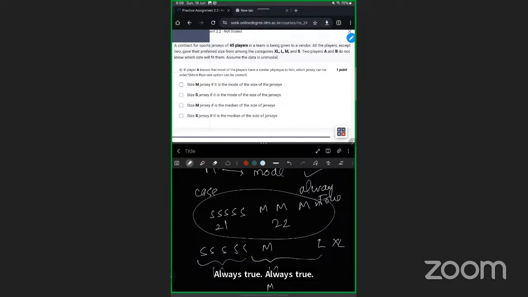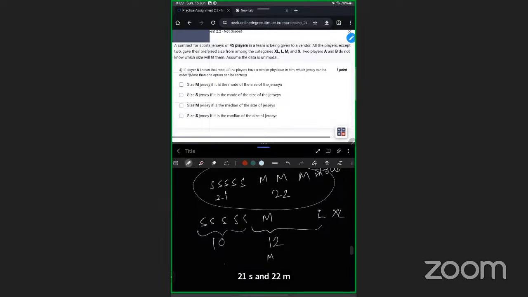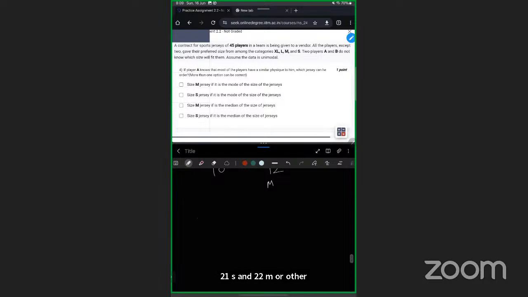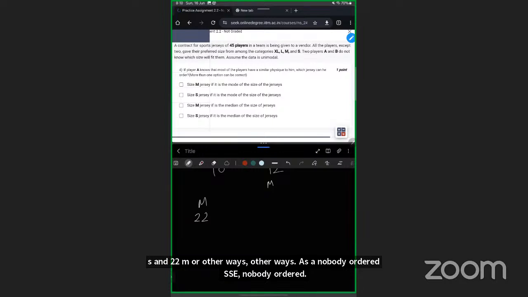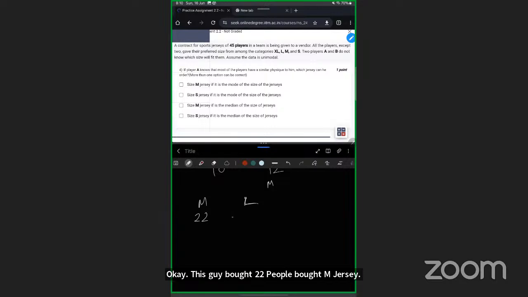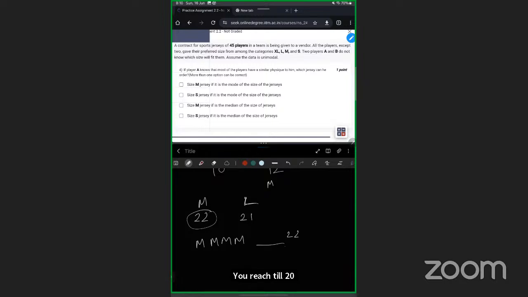21 S and 22 M, or other ways. Let's say nobody ordered S jersey. 22 people bought M jersey, then whoever is L, they bought 21. In this case also it is true. This became median. If you write it out, M reaches the 22nd, then you go L, and this will be 21.